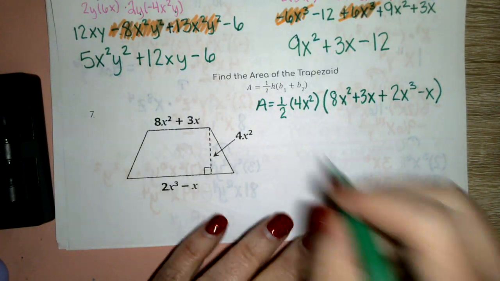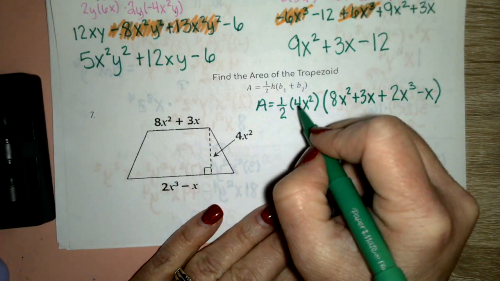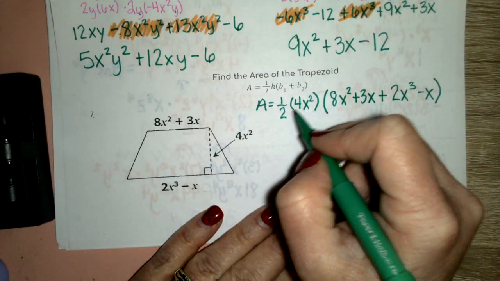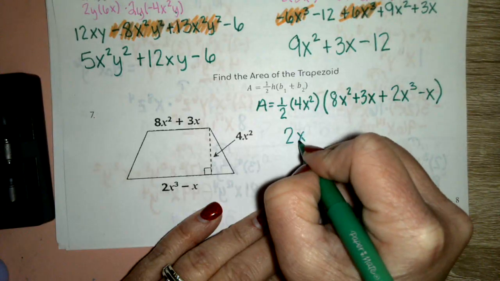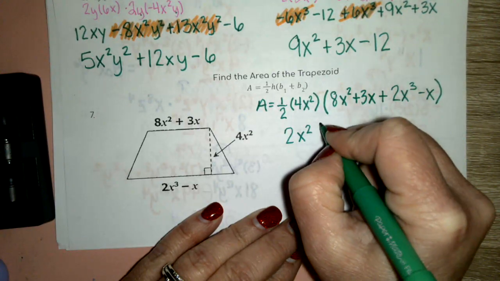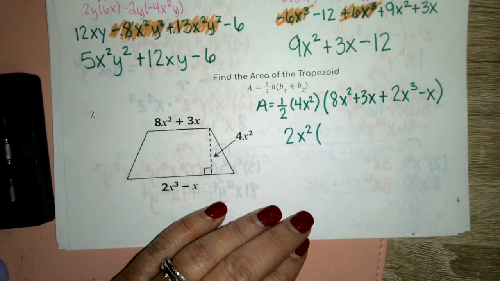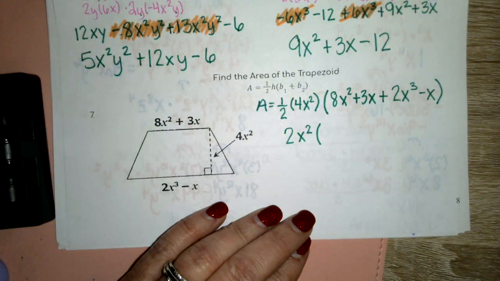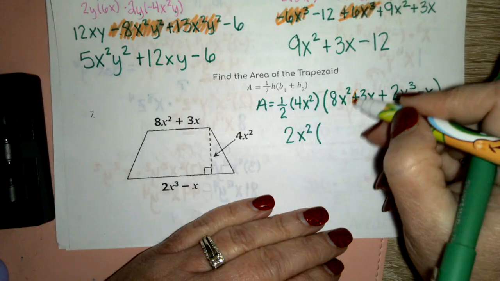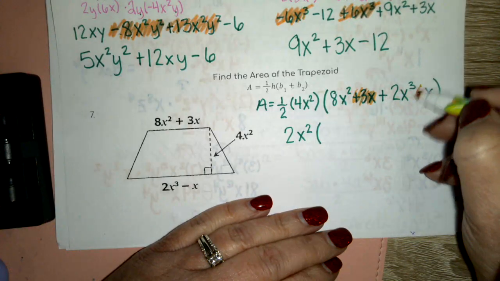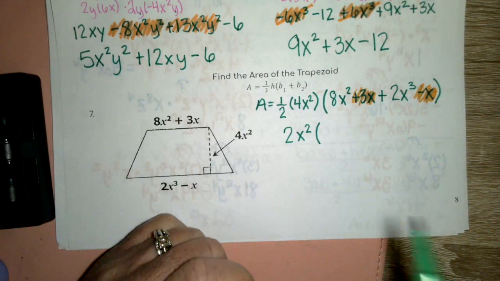Now, I'm going to go ahead and multiply half times 4x squared. Half of 4 is 2x squared. And then I'm going to combine my like terms, if possible. And my like terms inside this polynomial is 3x and -x.